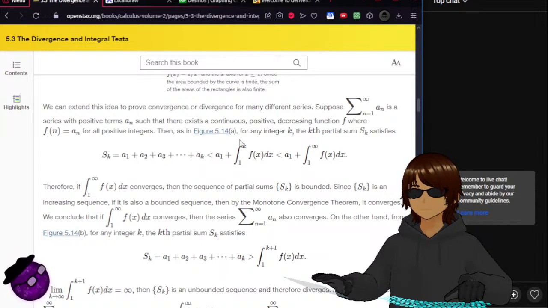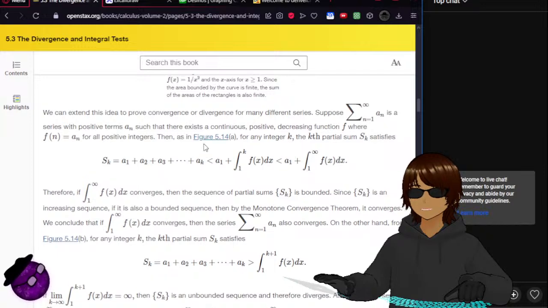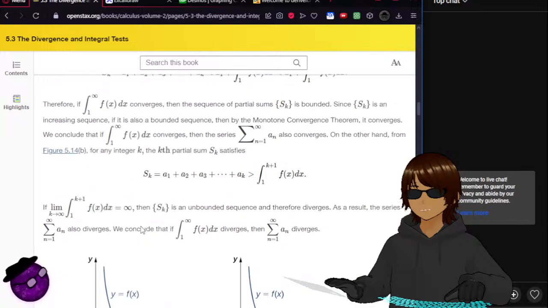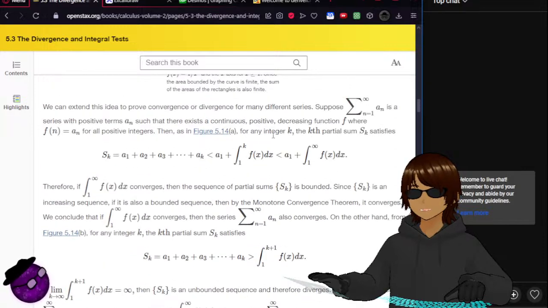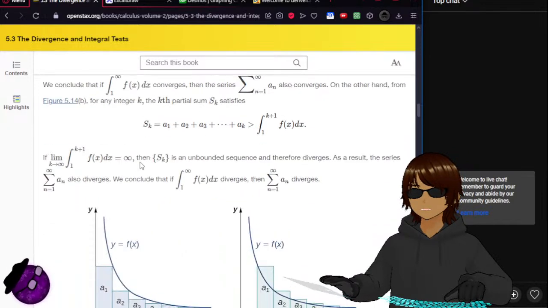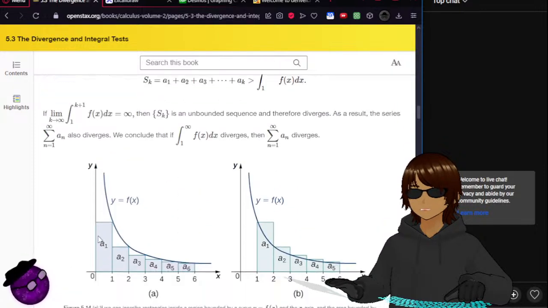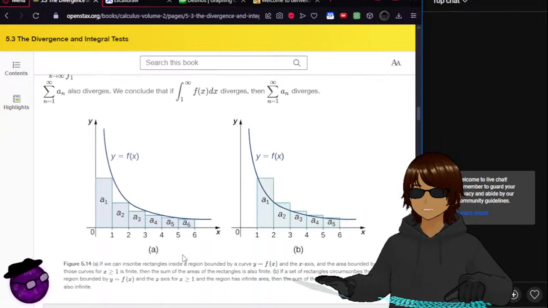Then, as in figure 1.41a, for any integer k, the kth partial sum satisfies a1, a2, a3, a4, up to a k, from 1 to k.